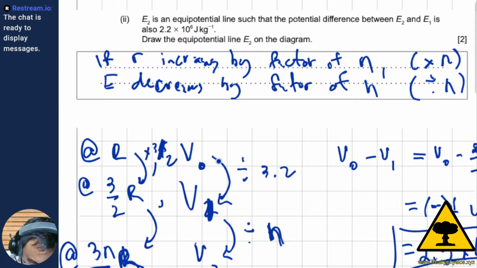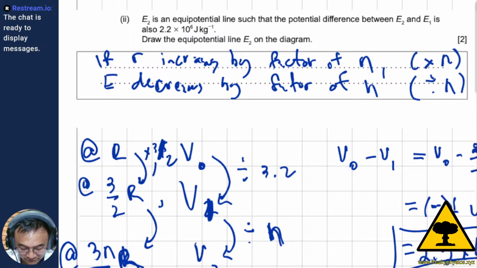It's the 2.2. Yes, V1 minus V2 will now be equal to 2.2 times 10 to the 6. Okay, so this is the long way of solving it and the proper way of solving it.